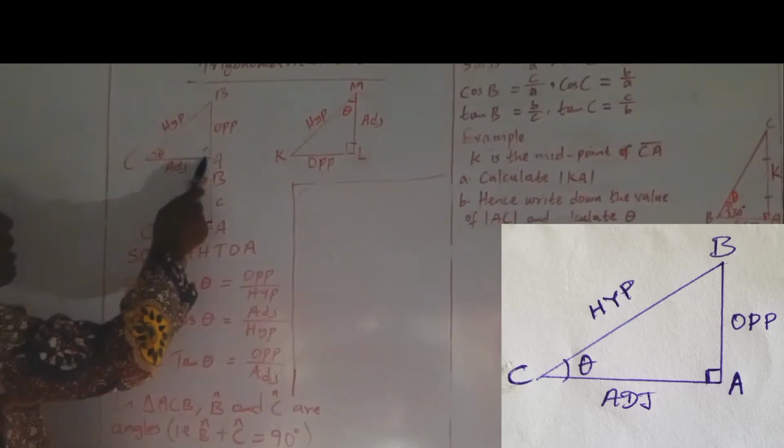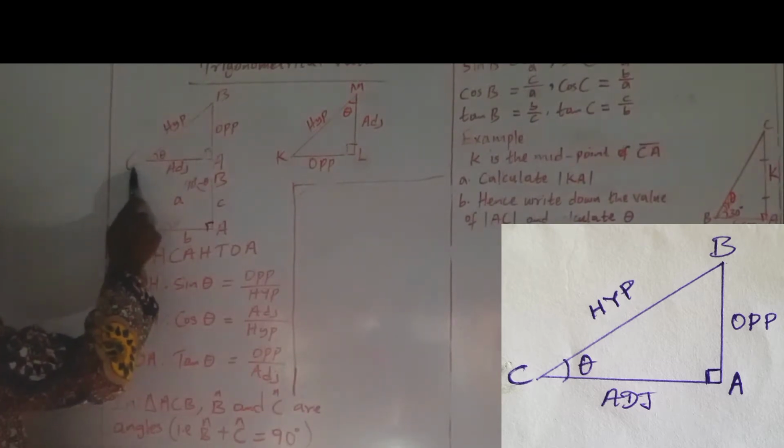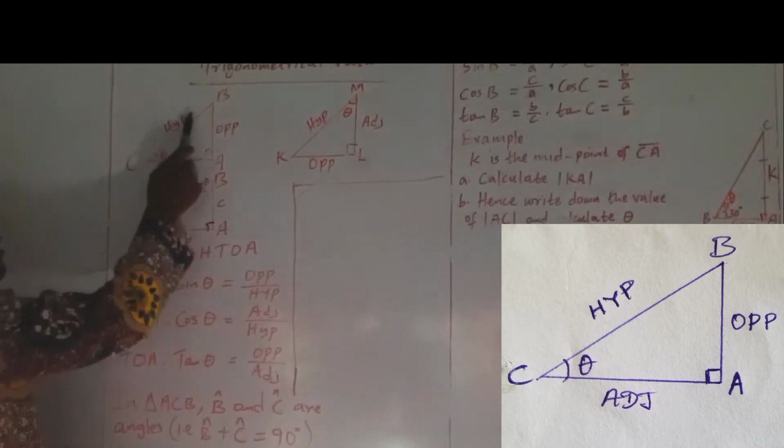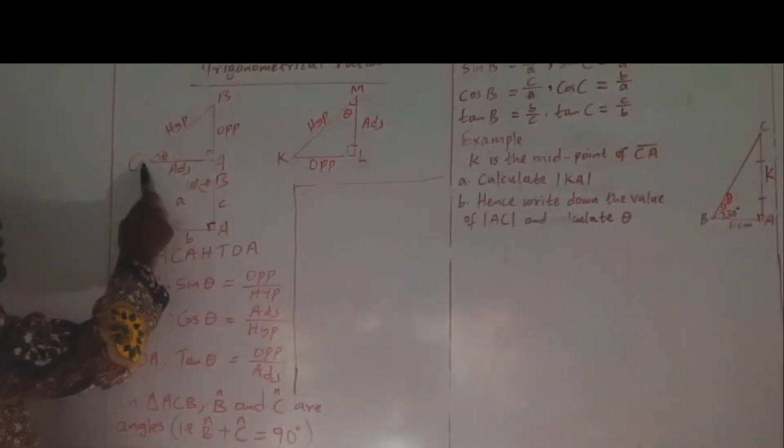CB is the hypotenuse, the side opposite angle 90 degrees. With respect to angle ACB, that is this theta, BA is the opposite, while CA is the adjacent.